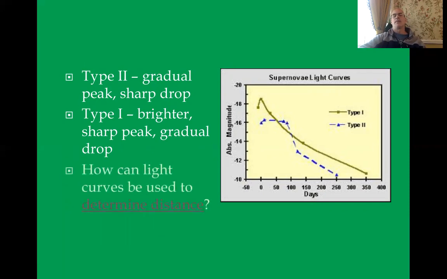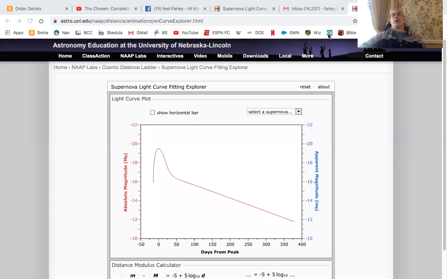All right, how can light curves be used to determine distance? Well, we discussed this, I believe, but I will show you this again. Looking at the light curve plot, which is on the NAAP website, I'll try to remember to add this as a link.